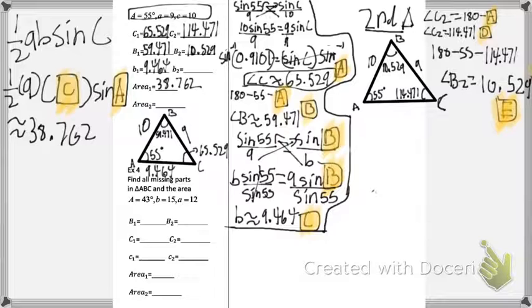And now, to find side B, you do sine E over B equals sine 55 over 9.